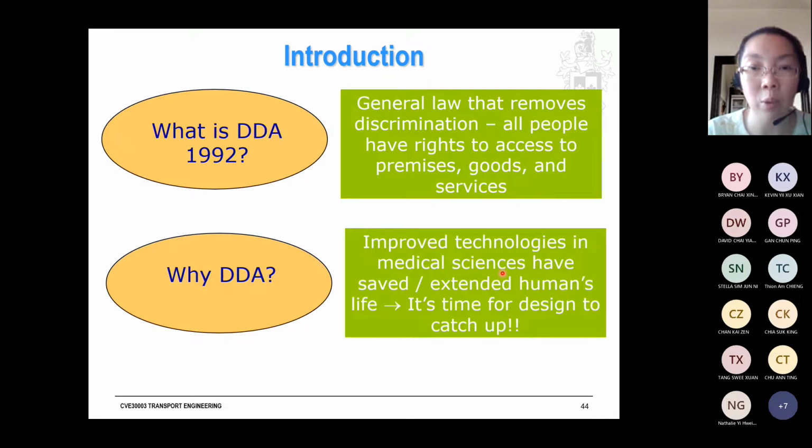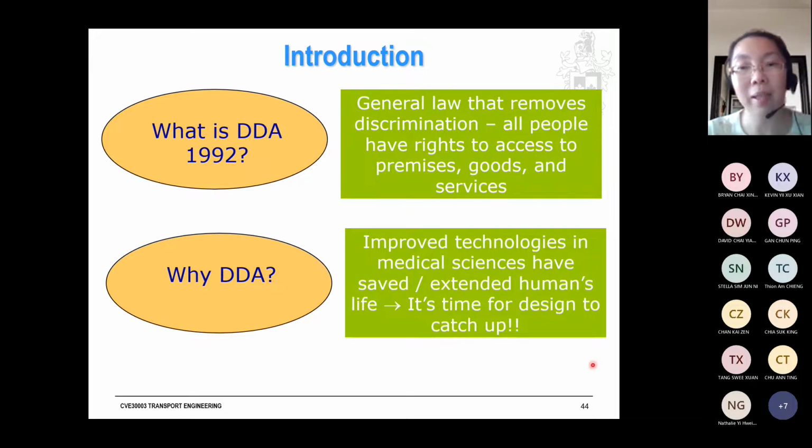So all these are medical advancements, and these have saved or extended human life. And so it is also time for our design to catch up. It doesn't mean that when they cannot walk around, they cannot contribute to society or cannot access society. So it's time for our design to catch up as well.